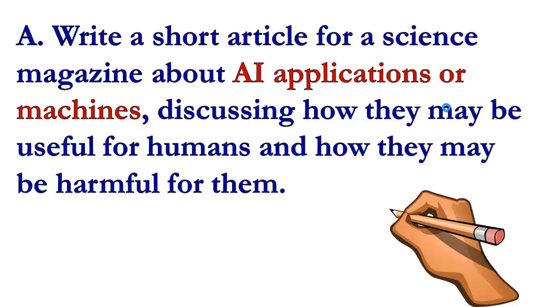So we are going to write 2 paragraphs. The first one about the advantages of AI applications and machines, and the second paragraph about the disadvantages or how they may be harmful for humans.